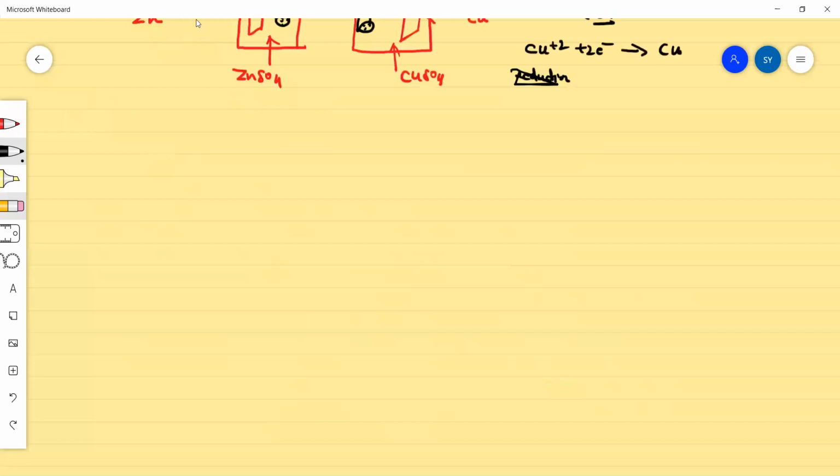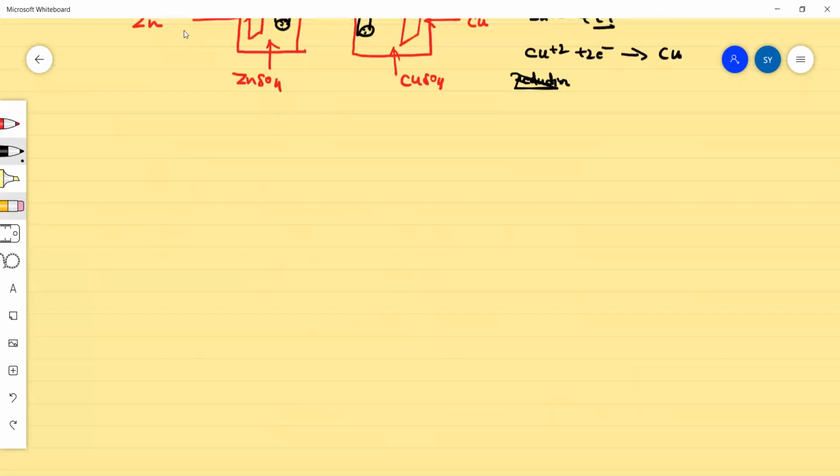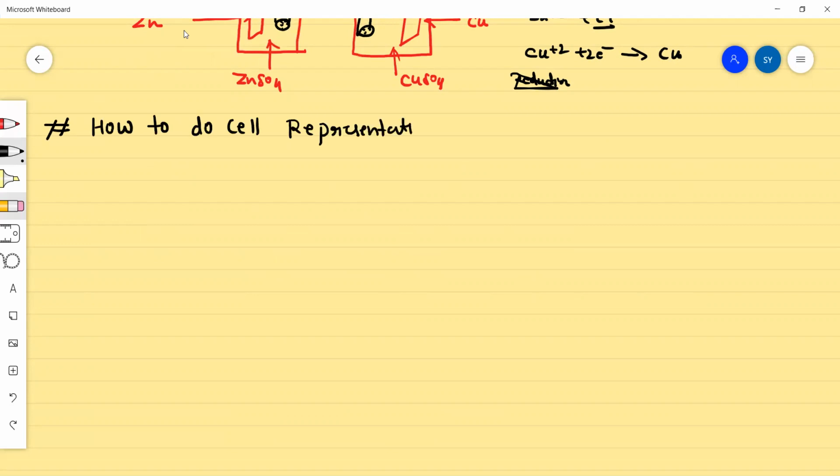Now the last concept of lecture number 2, which we are going to learn, is how to do the cell representation. See, you have a left-hand side and a right-hand side whenever you are drawing the cell.